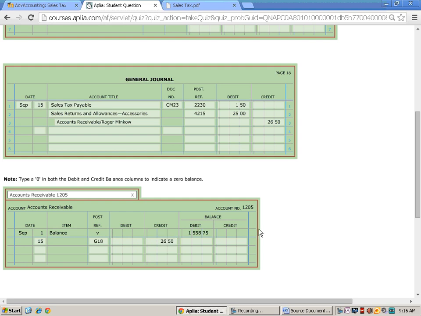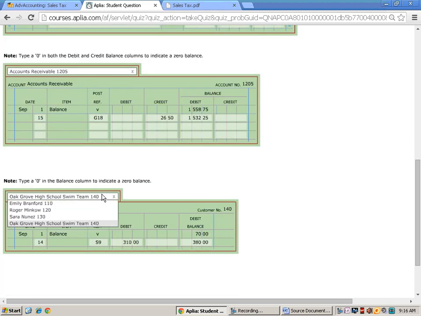They're opposite, so we have to subtract. So we now have a balance. It's still a debit because our debit is bigger, of $1,532.25. So that will be the first part of our slash. All right, so it's going to be the 1205, and then Roger Minko.